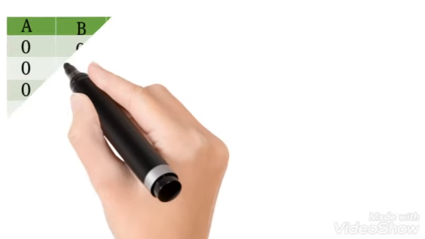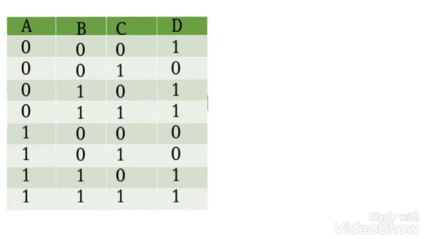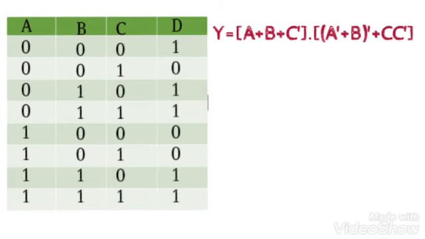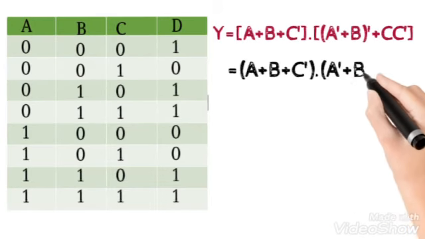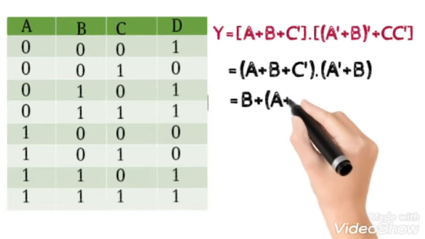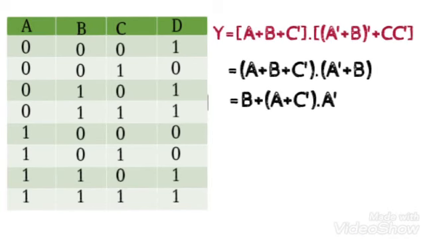From the distributive law, we write the canonical POS form as y is equal to A plus B plus C bar into A bar plus B whole bar plus C into C bar. This can be written as A plus B plus C bar into A bar plus B, and B is common, so it is taken outside.